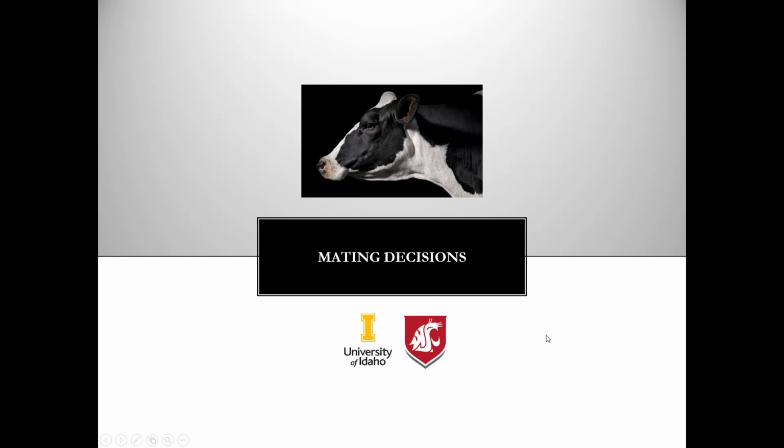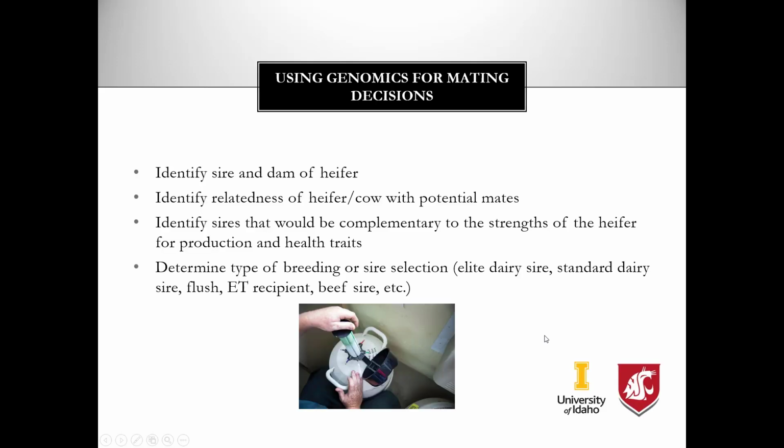Now we're going to talk about some mating decisions. Some people will use genomic selection for very limited purposes. It may be that they're using it just to choose which replacement animals to keep. Or it may be that they use it just to identify or confirm the identity of the parents of that individual.